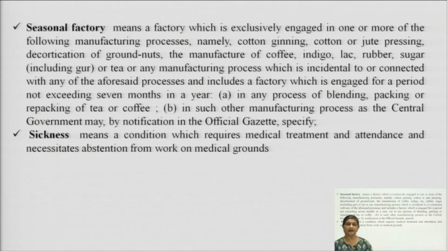Number 1, in any process of blending, packing or repacking of tea or coffee, or in such other manufacturing process as the central government may by notification in the official gazette specify.